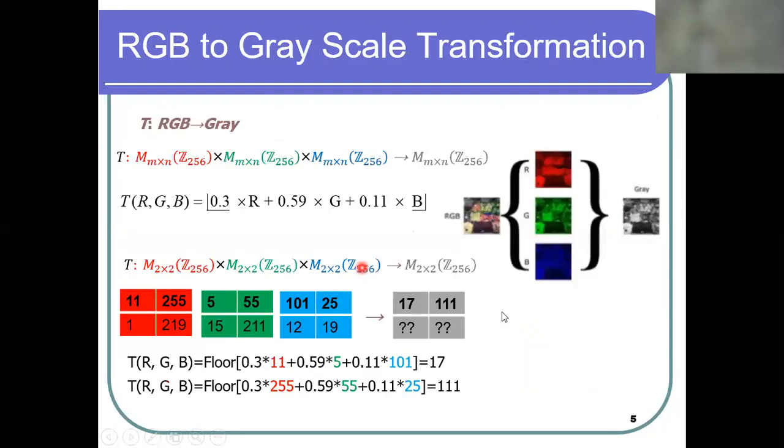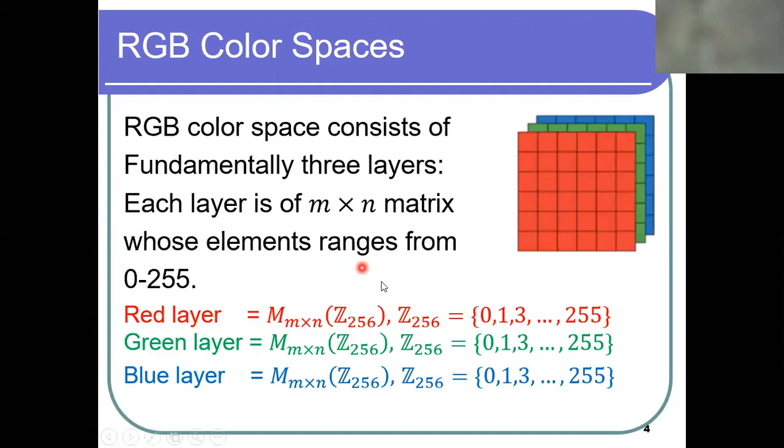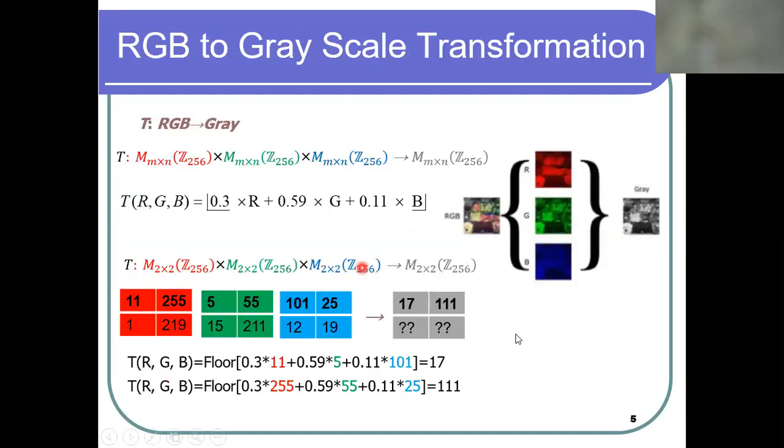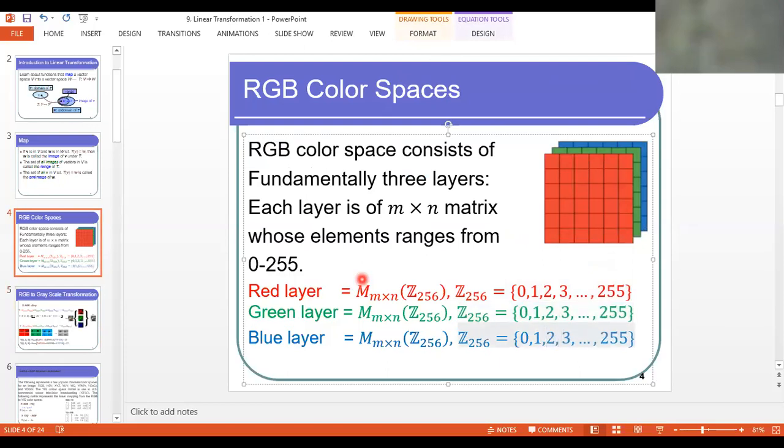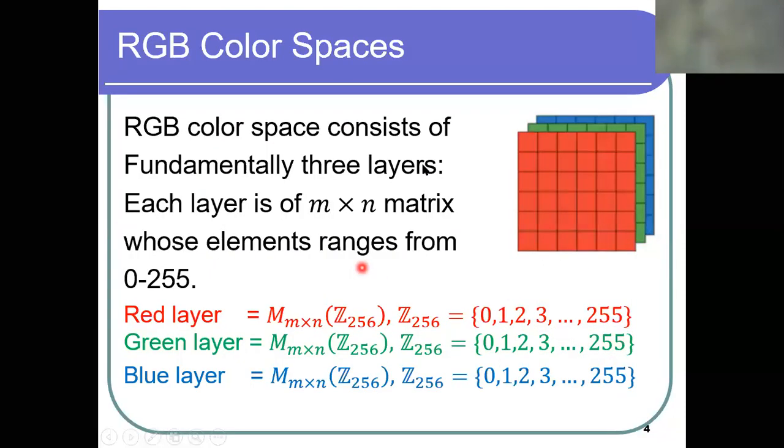So it should not be 3, it must be 2, and let me elaborate it. Dear student, if you can see this, 0, 1, 2, 3, 5.